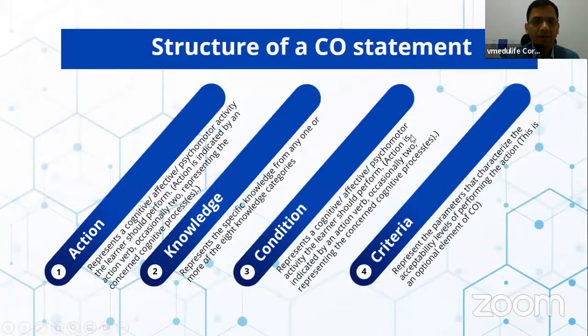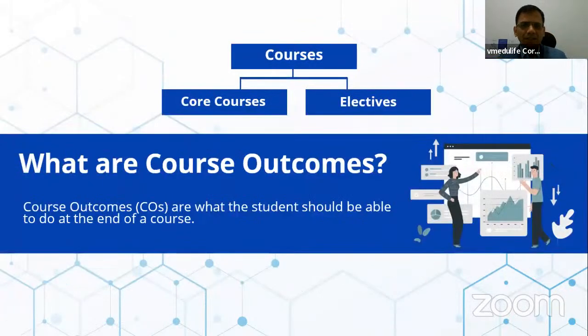Moving ahead, some things about the course outcome. We are very much aware that COs describe what the student should be able to do at the end of every course. Usually for any degree engineering or degree pharmacy, the graduate programs have 3 or 4 years of duration, consisting of 6 to 8 semesters.